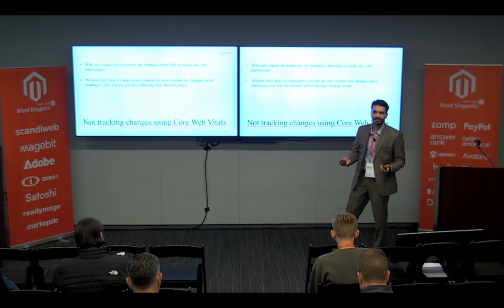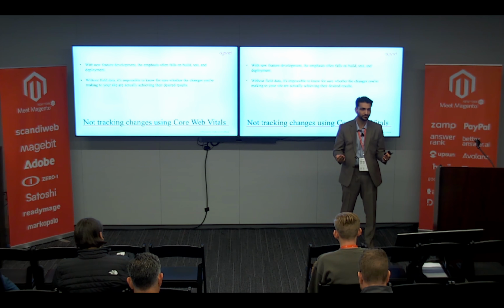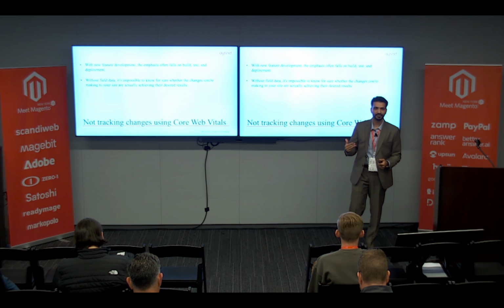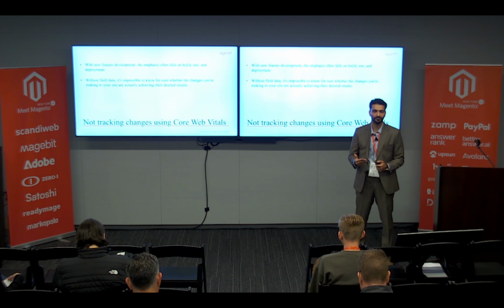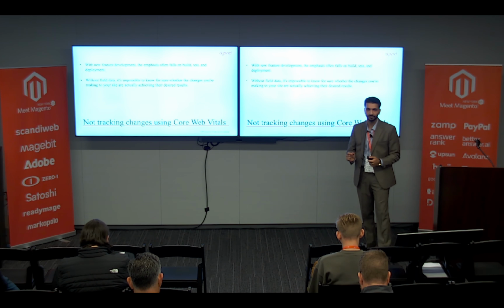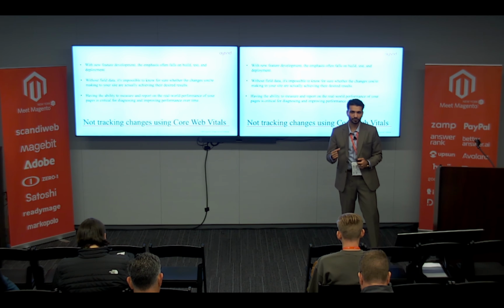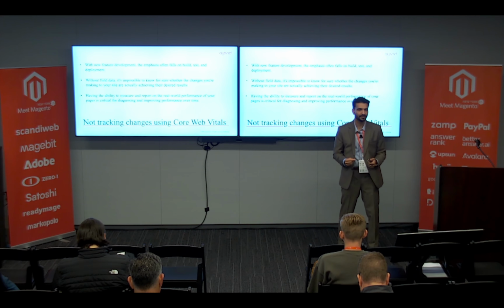Without field data, it's impossible to know how the users coming to your website are feeling about it. How they interact with it matters and helps us determine the experience if we have that measuring in place. And it is also crucial for diagnosing and investigating real-time issues that occur on your website.